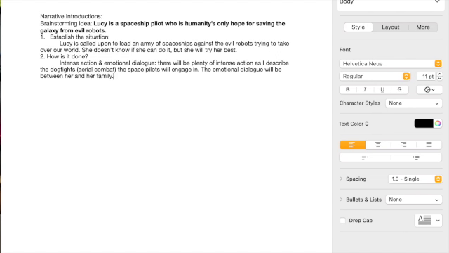So readers need to be able to understand the character's struggle. It needs to sound good by word choice.